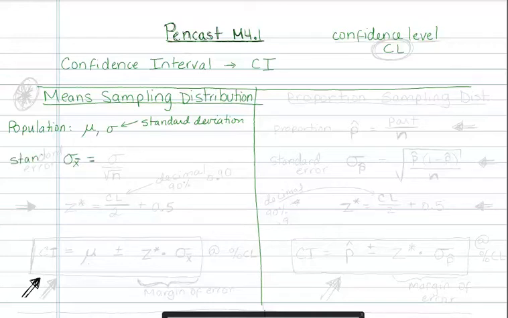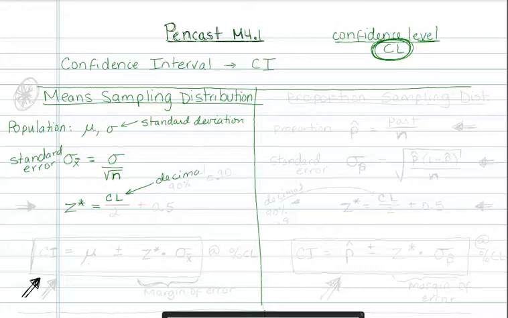Your standard error is going to be your standard deviation divided by the square root of your sample size. You're going to have to calculate a z star. And z star is going to be your confidence level, remember, but in decimal form.